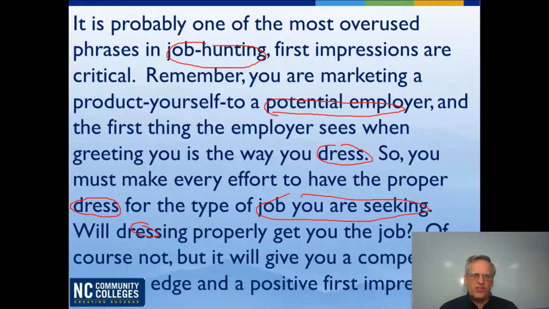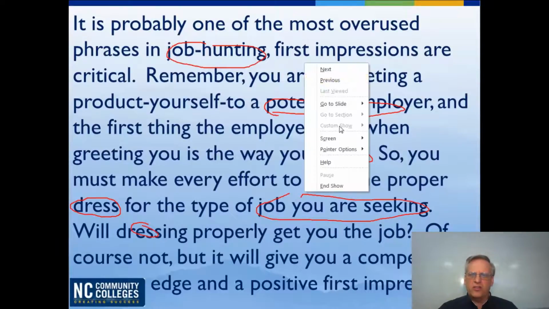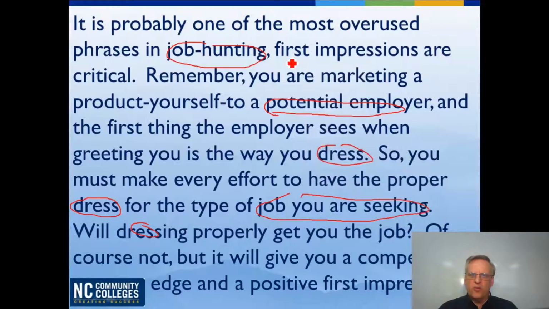I'm really trying to say, well, what's the most important thing that it says about that? And I think what it says, looking over here, I'm seeing things like first impressions are critical, that you're marketing yourself, that the dress needs to be proper in that case. I see that word properly repeated over and over again.